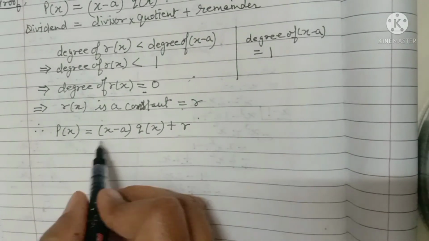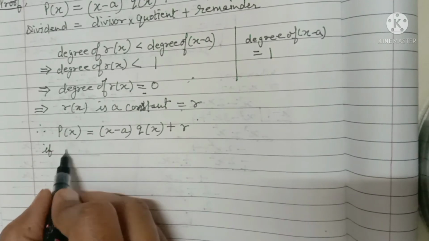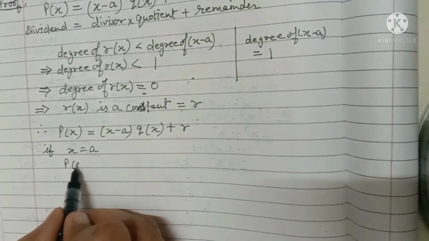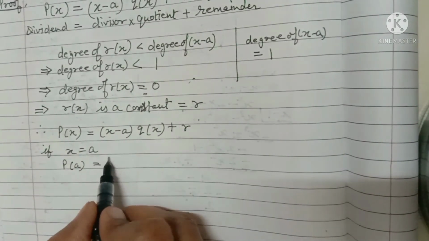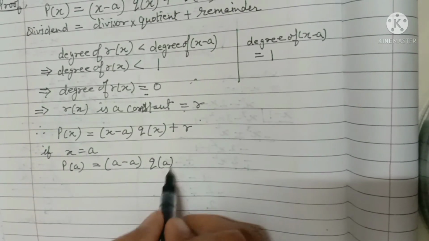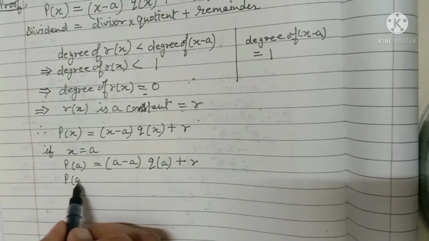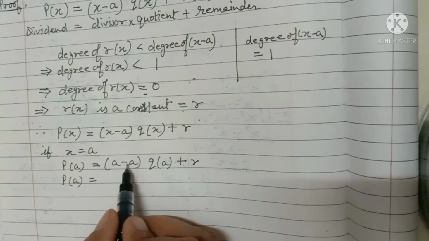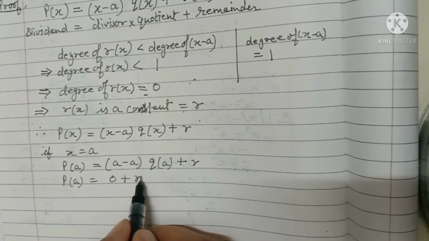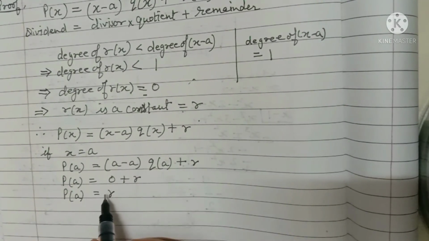Now if we substitute the value x equal to a, what happens? P(a) is equal to (a minus a) Q(a) plus R. And this becomes P(a) is equal to, this factor will be 0, and 0 multiplied by Q(a) is 0, plus R, meaning P(a) is equal to R. And what is our R?